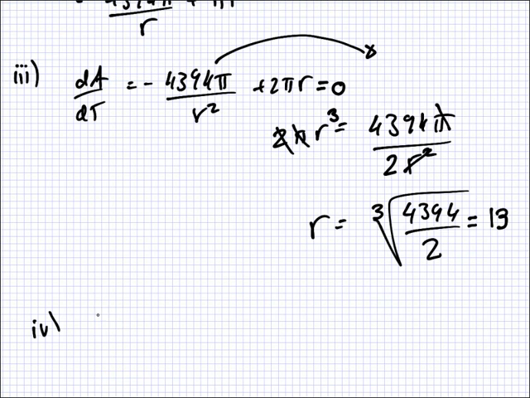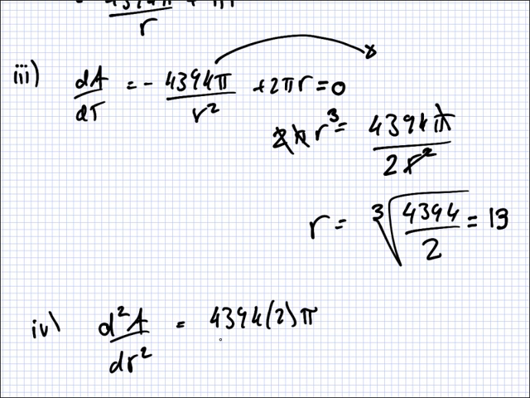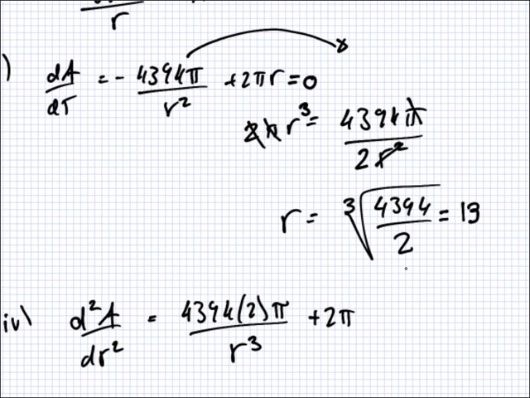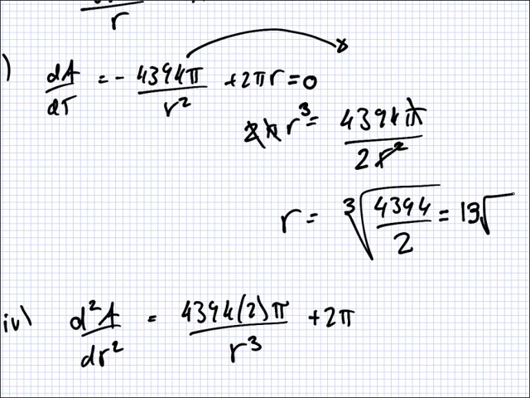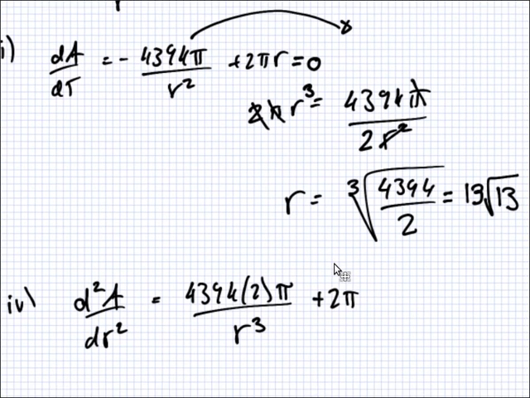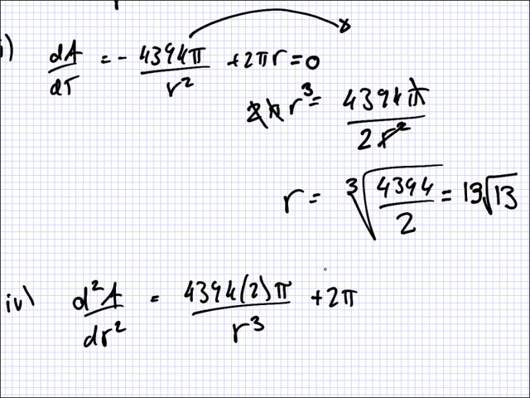And now we have to confirm that it's a minimum. So if I calculate the second derivative, 4394 times 2 pi over r cubed plus 2 pi. Sorry, is that 13 root 13?